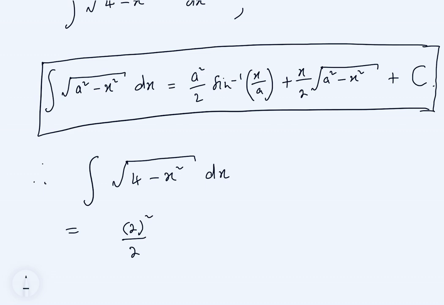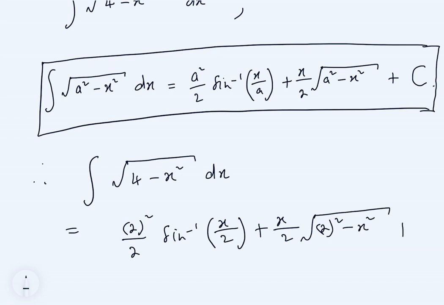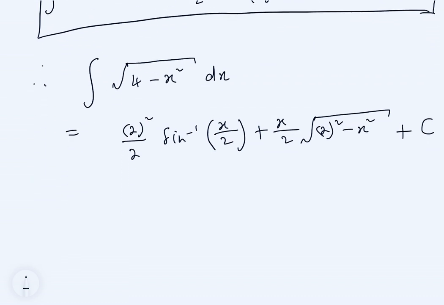So now we have 2 squared over 2 multiplied by sine inverse of x divided by 2, plus x divided by 2 multiplied by the square root of 2 squared minus x squared, close bracket, plus c, because this is an indefinite integral. And of course, 2 squared over 2 is just 2, because 4 divided by 2 is 2.